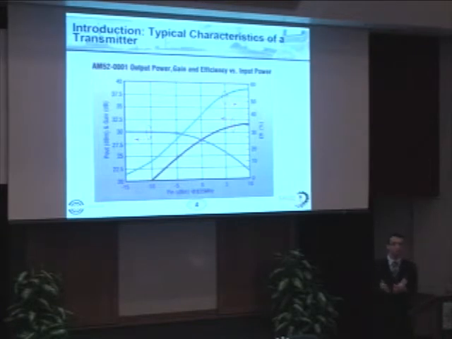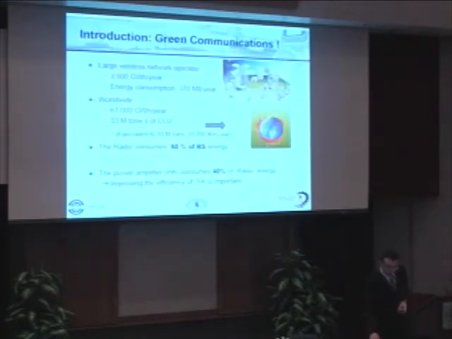So the higher the efficiency, the less energy loss we have in the system. And we have interest to increase this power efficiency. This is very critical in wireless communication systems.